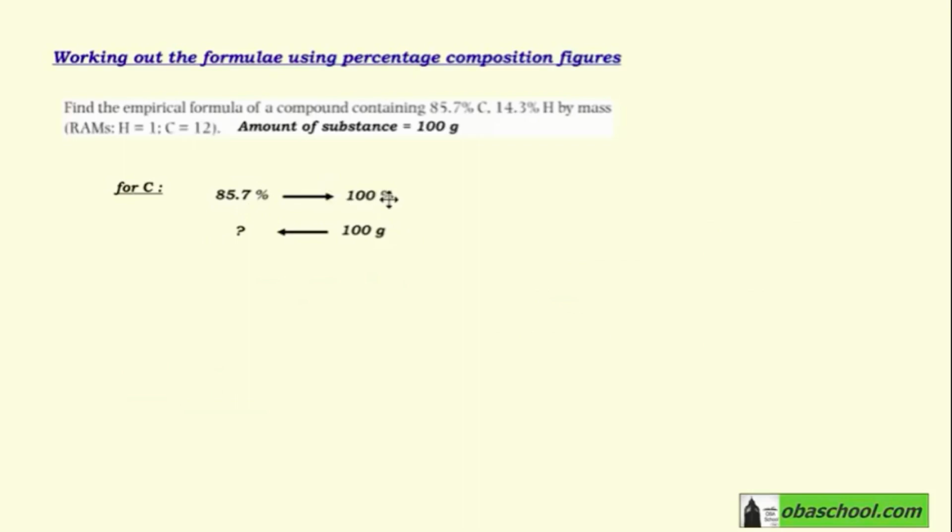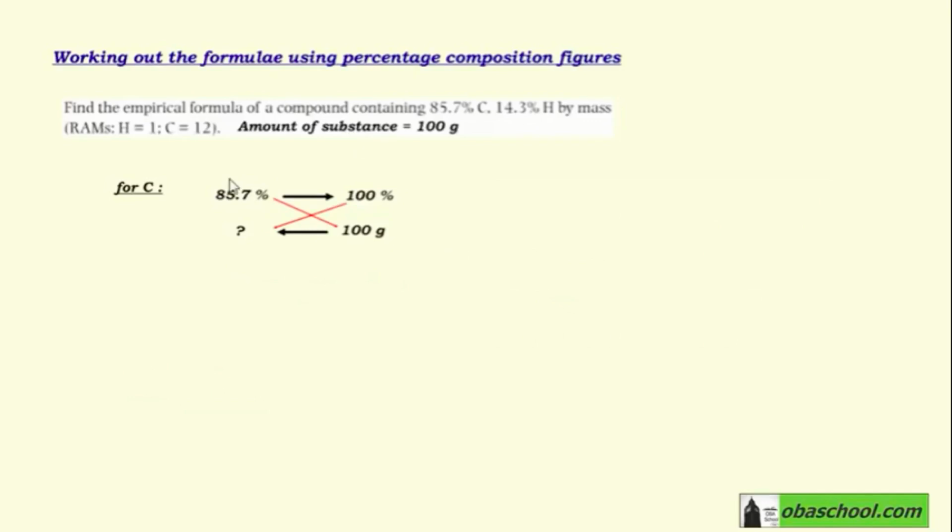So I just put 100 grams below the 100% and a question mark under 85.7% so that I calculate the amount in grams. So I will simply apply the cross multiplication.